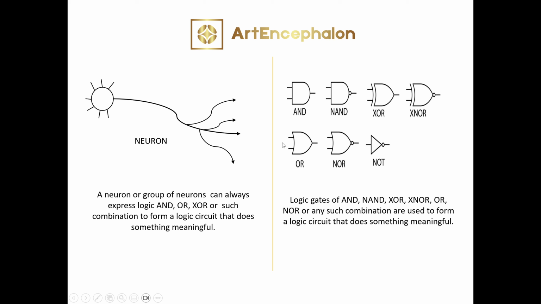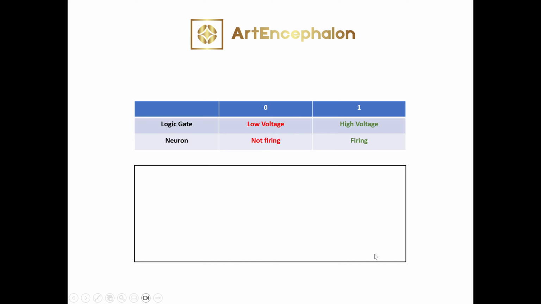Sometimes when I draw, I might represent it like this, or I might even take away the axons you see here and just show the cell body, and then take out the dendrite, show you the cell body and then the axon and the axon terminal. But whenever you see me draw this, I'm trying to represent a neuron, all right? And I would use the same symbols we use for logic gates as we go on in this lecture.